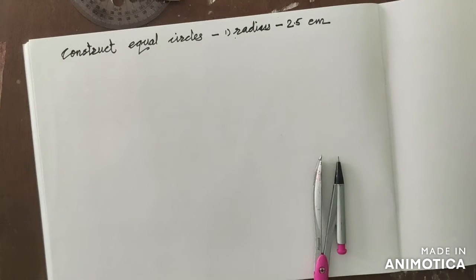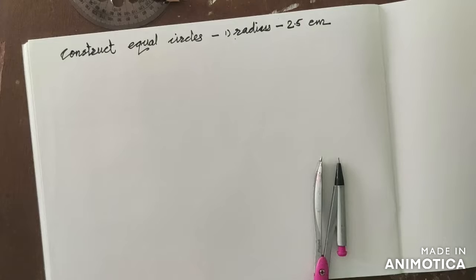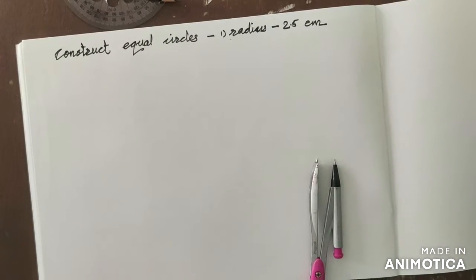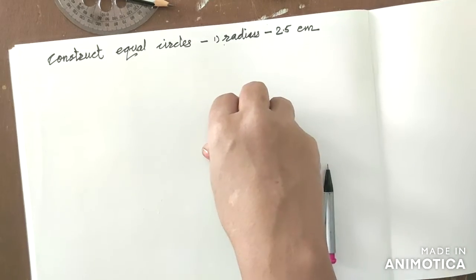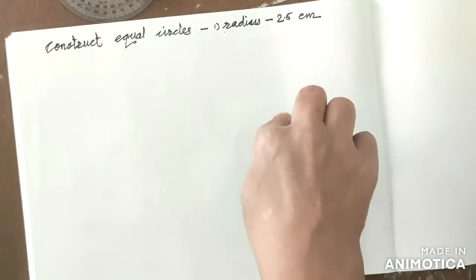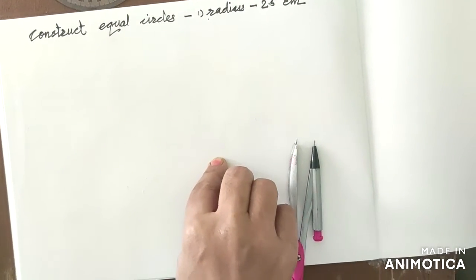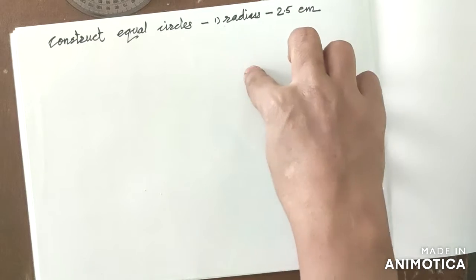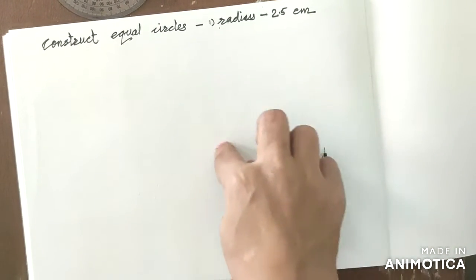So the question is like that, outside a circle of radius 2.5, draw 6 equal circles, each to touch to each other, and the circumference of that given circle.